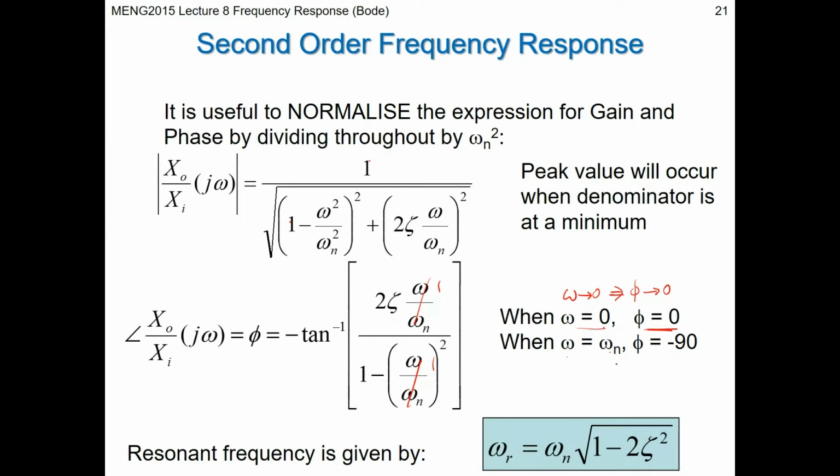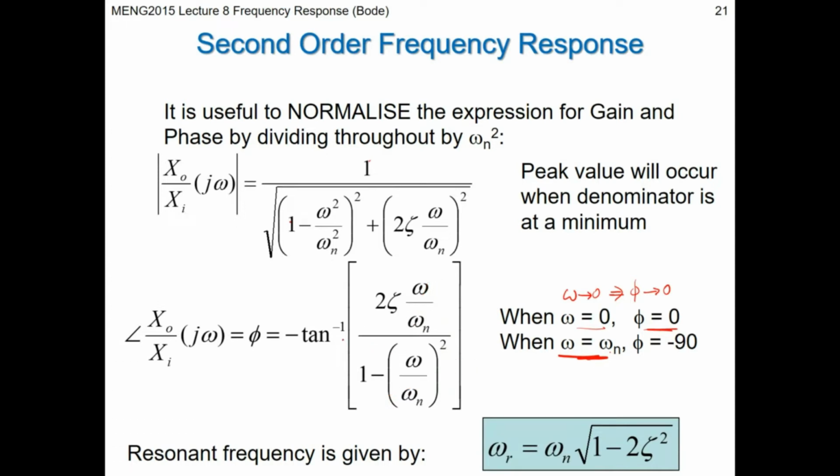So we're going to get the inverse tan. How did that work out? When omega equals omega n, right, these will cancel each other out. This goes to 1, 1 minus 1 is 0, right? So when omega equals omega n, this is going to 0, so this becomes infinity, right?